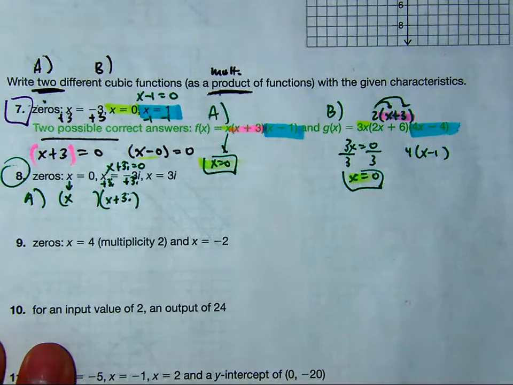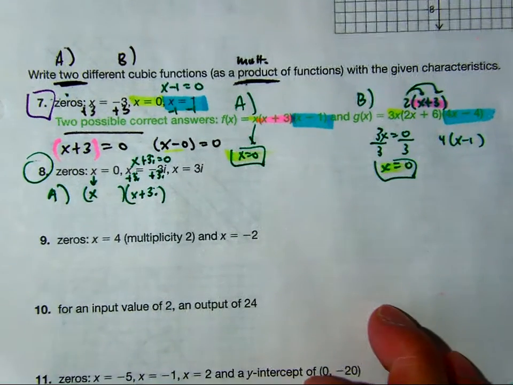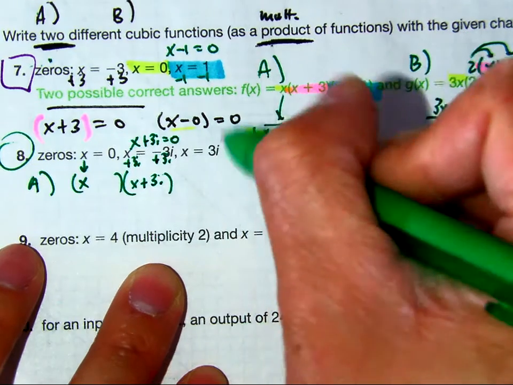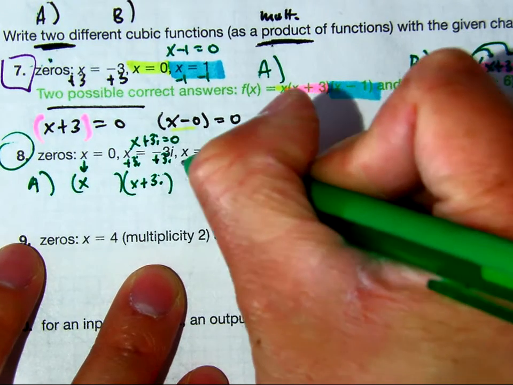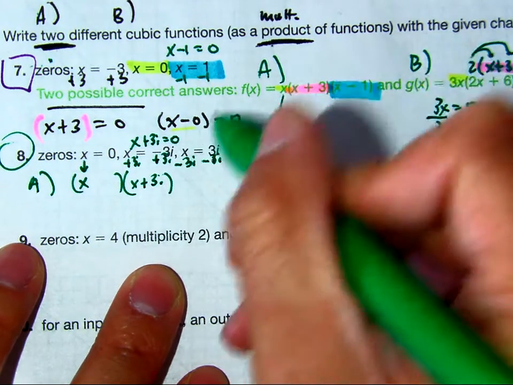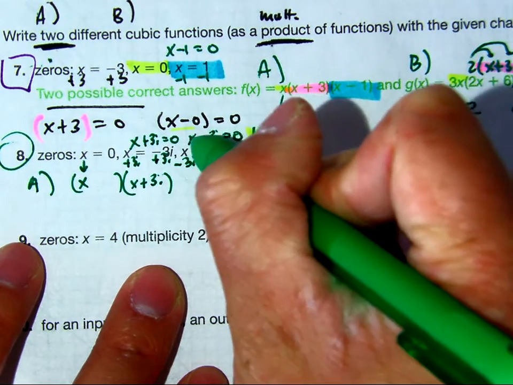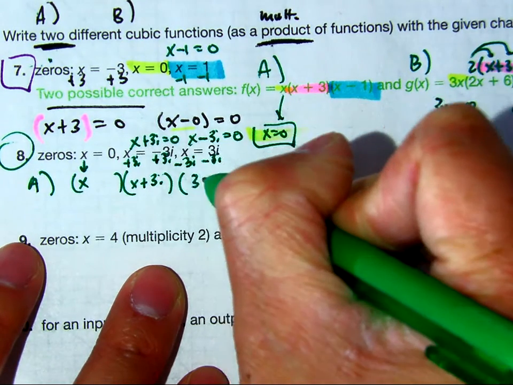And how do you make this one set equal to 0, class? Minus 3i. So if you subtract 3i from both sides, you will get x minus 3i equals 0. And then the x minus 3i, I'm going to write here. That's an x. Okay, so this is one answer.